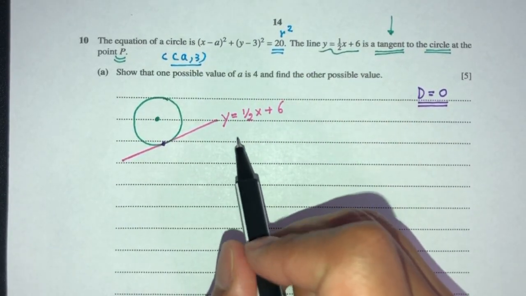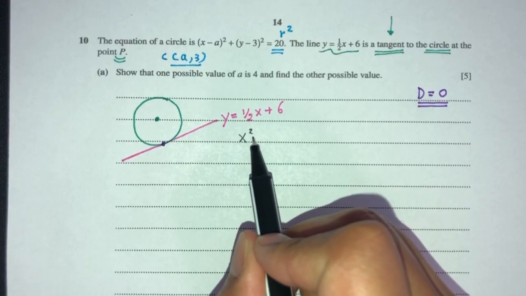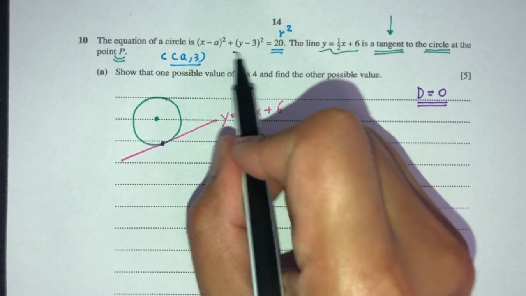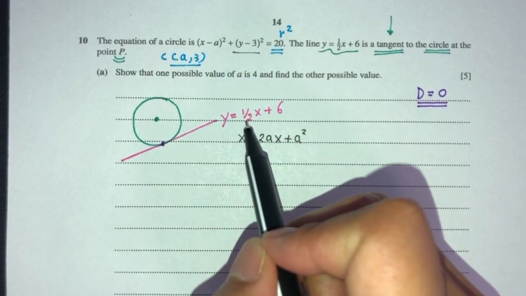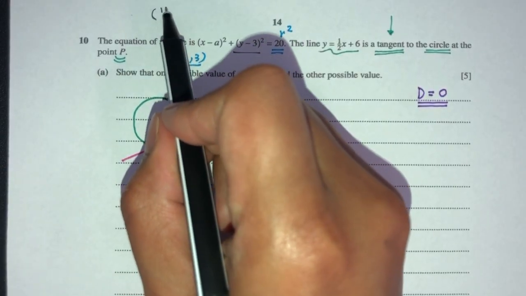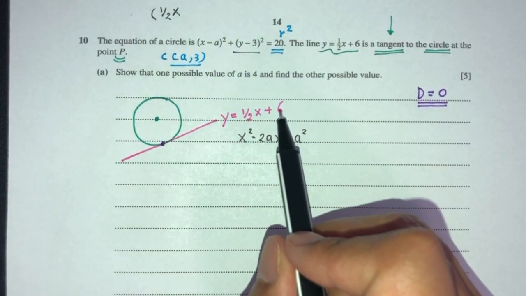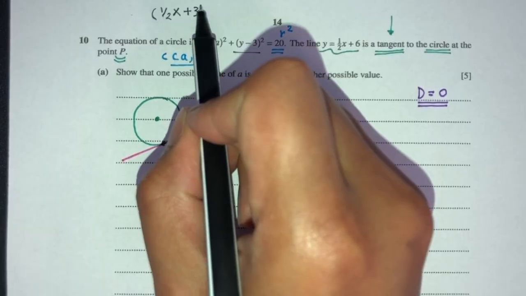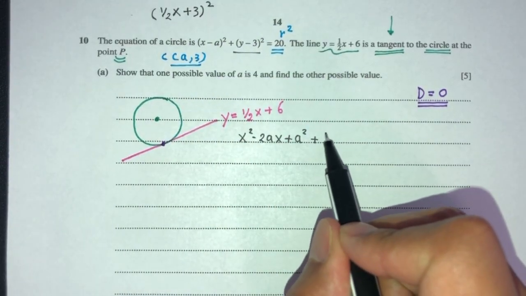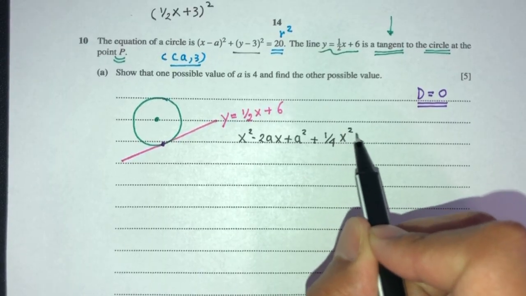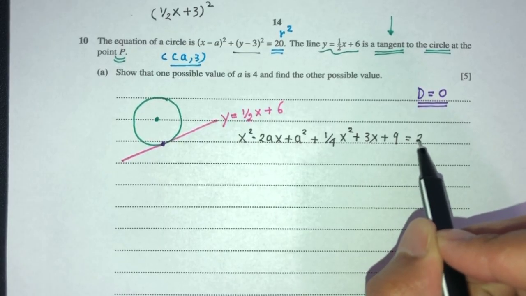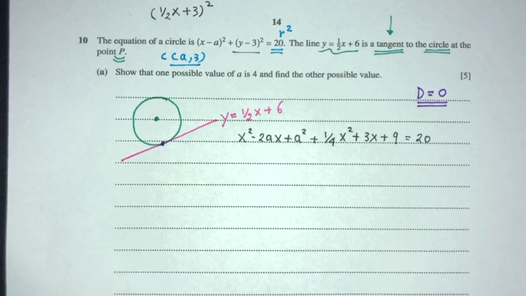You will have x squared minus 2ax plus a squared. Here we have y minus 3. y is this value, minus 3 should become half of x plus 6 minus 3, which should be plus 3. If that makes sense, right? Expand, you will have the value of 1 over 4 x squared plus 3x plus 9, equal to 20. Now simplify.